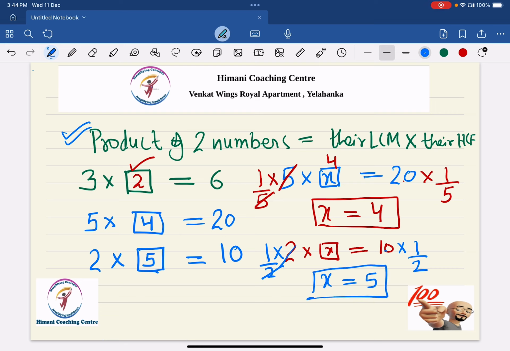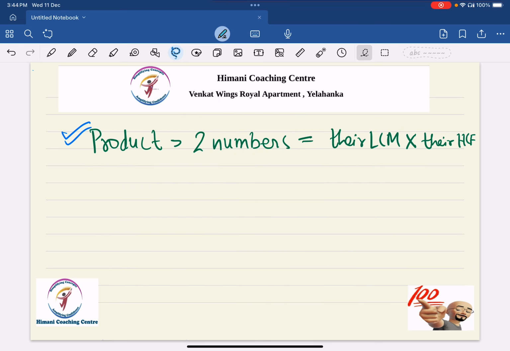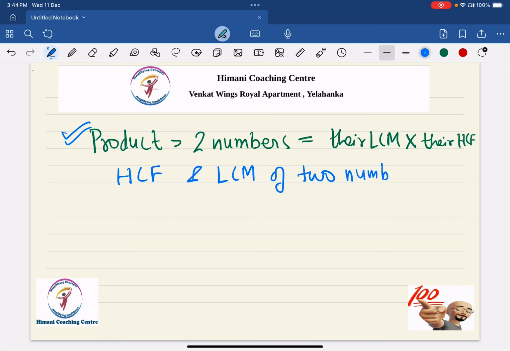Okay. Now kids, if you have understood this, now we will get into the real questions for the product of two numbers and their HCF and LCM. Okay, so let us look at the question. It says the HCF and LCM of two numbers is 5 and 150 respectively.